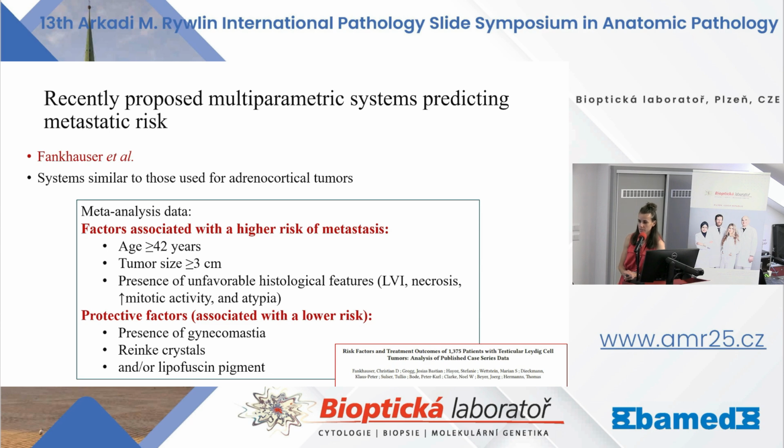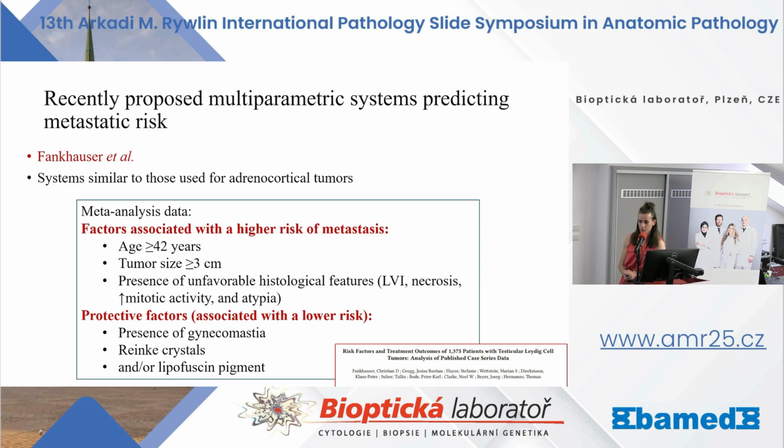And these systems are multiparametric and try to be similar to those used for adrenocortical tumors. One of them was proposed by Fankhauser and colleagues, and the system is derived from data coming from meta-analysis, and these authors established some factors which were, according to their observations, associated with a higher risk of metastatic spread.